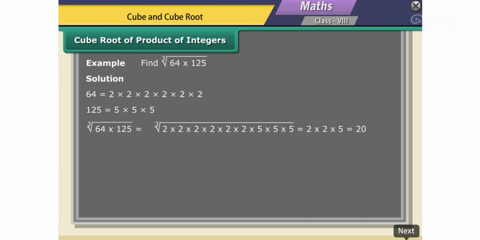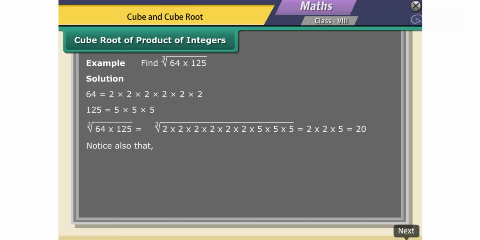Cube root 64 into 125 is equal to cube root 2 into 2 into 2 into 2 into 2 into 2 into 5 into 5 into 5, is equal to 2 into 2 into 5, which equals 20.